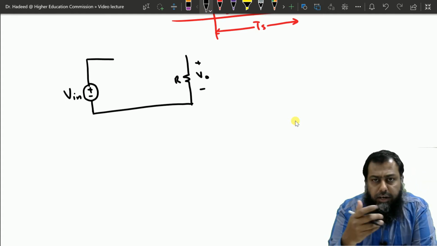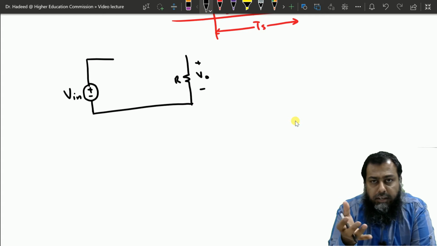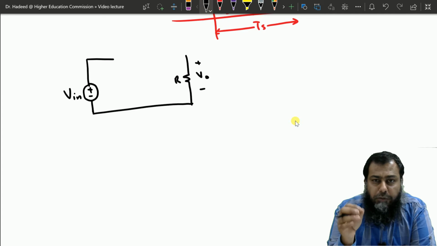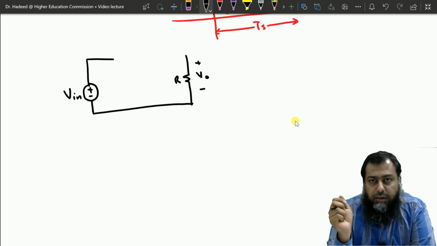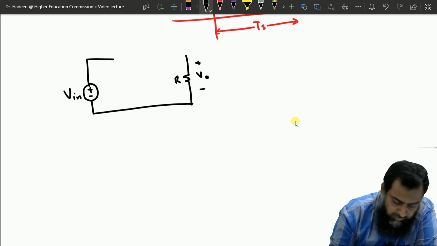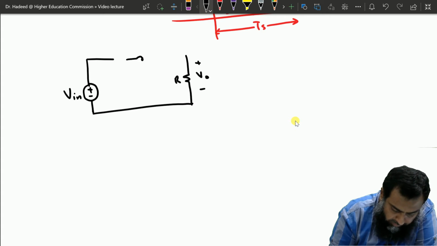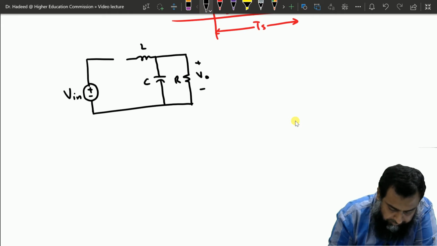And because the switch induces ripples in the output voltage, those zero periods can be compensated by using a low pass filter in the circuit. So let us say we have a low pass filter here, which consists of the inductance and the capacitance.